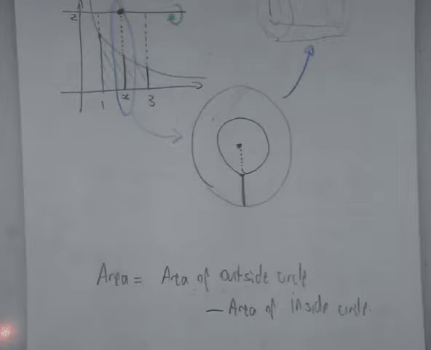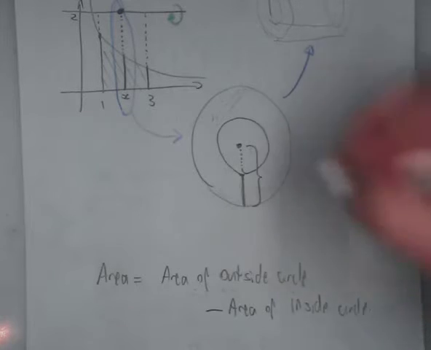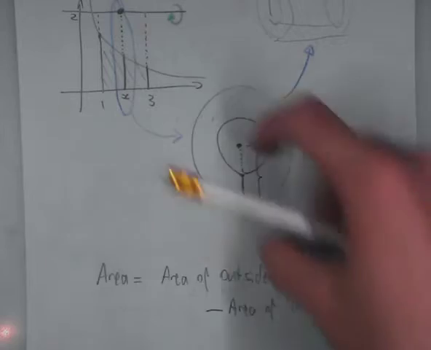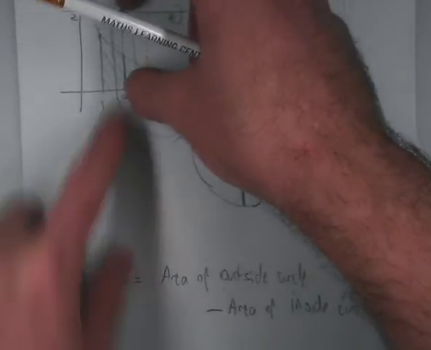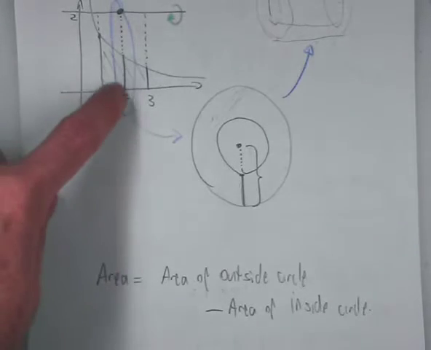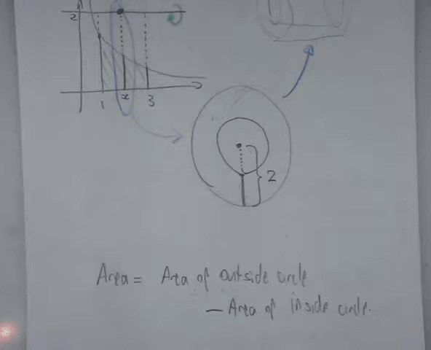Okay, so my outside circle has this radius here. That's the radius of the outside circle. And that radius from my other picture was over here, and that distance is 2. On my picture, it's from the x-axis to y equals 2. So that's 2 there.